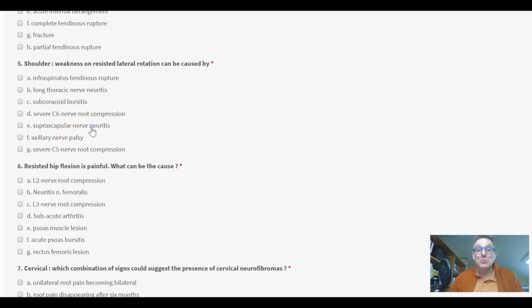Well, I just mentioned it before in the previous question. Of course, yes, that's possible. Axillary nerve palsy? No, that's more abduction and not lateral rotation. Severe C5 nerve root compression by hypothetically a disc, more likely an osteophyte for instance, then this is possible.